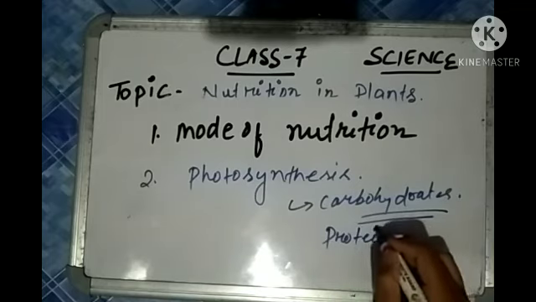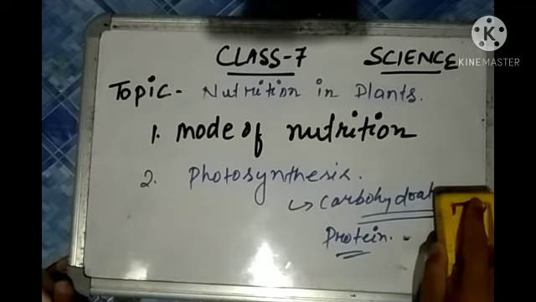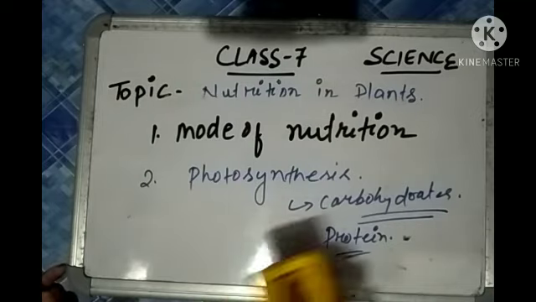We discussed protein, and for protein synthesis, the plants require nitrogen, and we discussed how nitrogen is made available to the plant. So these are the topics we have discussed today.